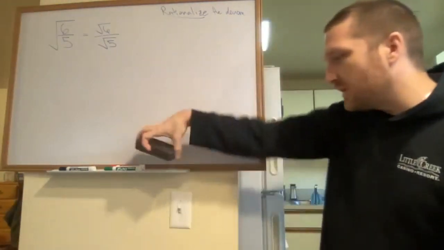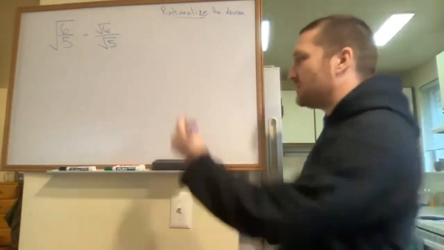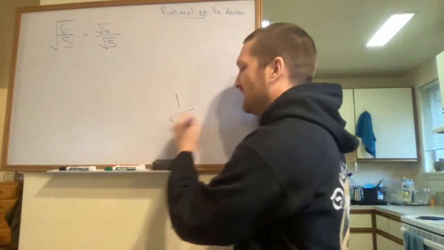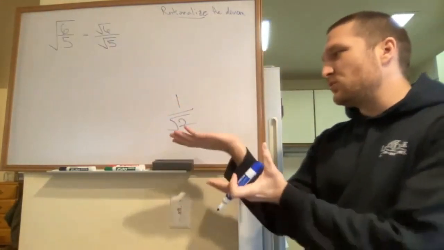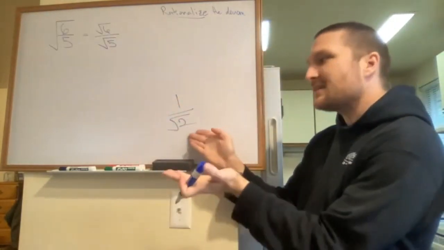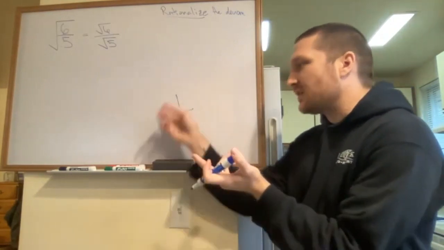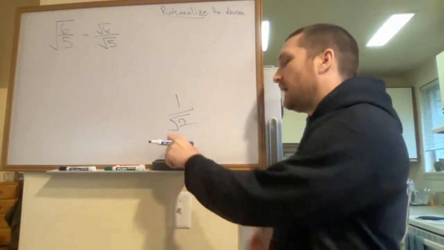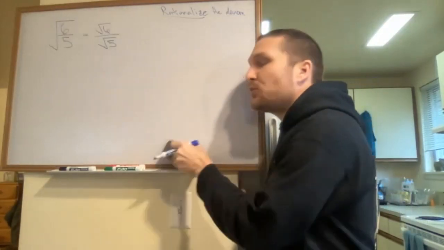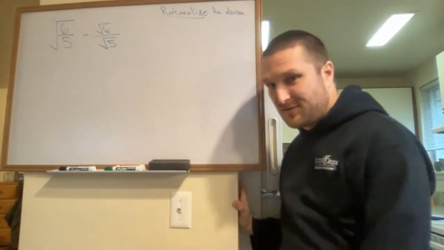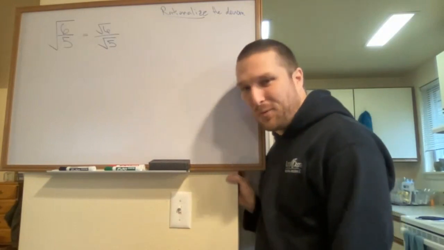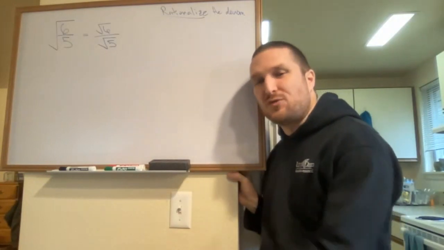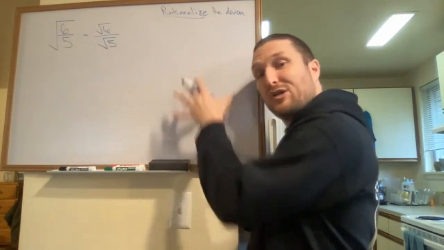If and when you take trig, you're going to see a bunch of stuff like this, and it's way easier to just keep it like this and not rationalize the denominator. But when we get to complex numbers, it's very important that we can do essentially what we're going to do right here.